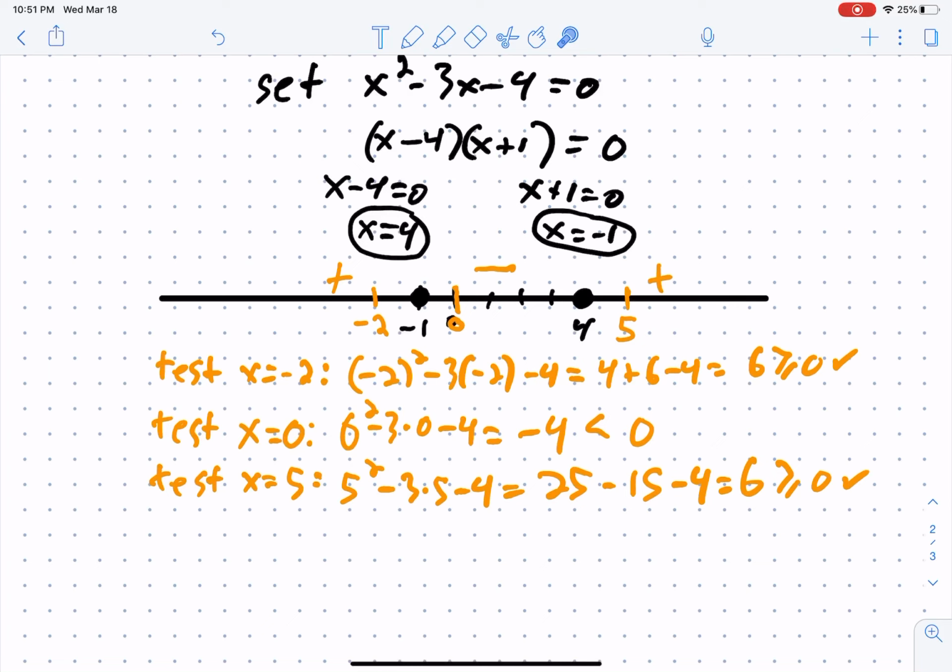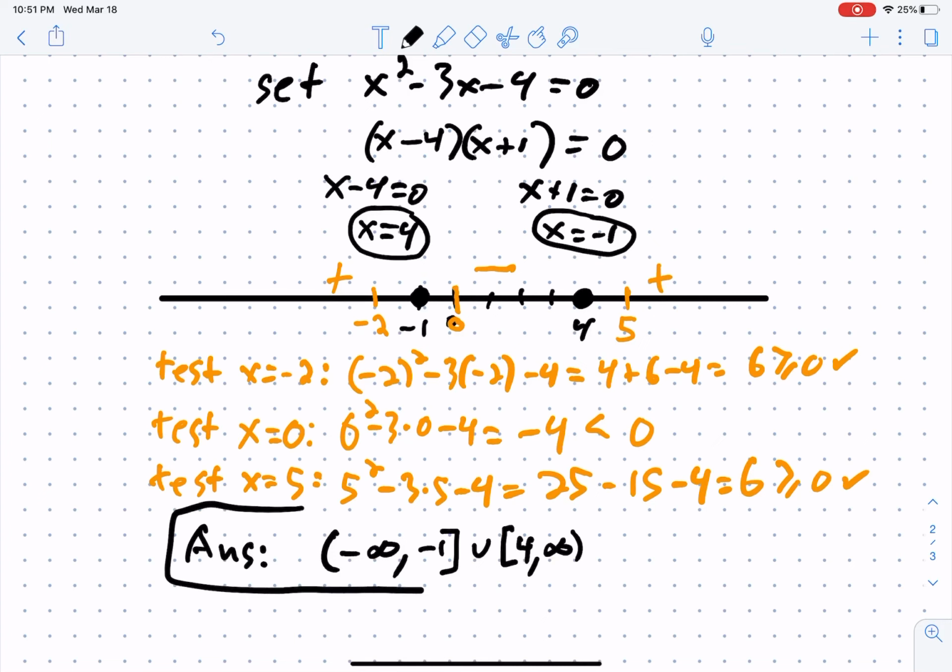So that means we're going to include this interval and also include that endpoint. We're going to include this endpoint and then also include this interval. And we should come up with the same answer as last time. It's minus infinity up to -1, including the endpoint, and then from 4 to infinity. And that's our answer done algebraically.